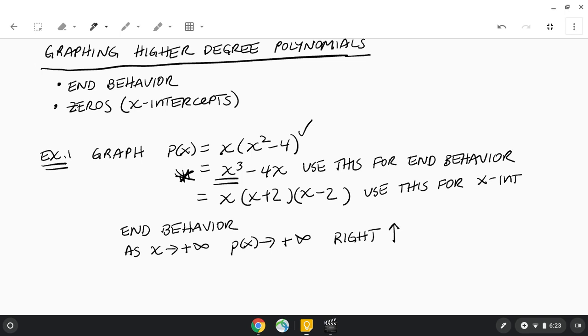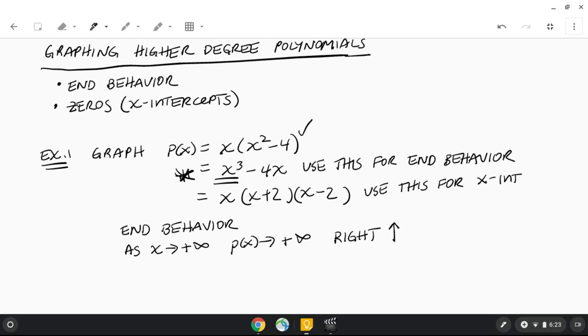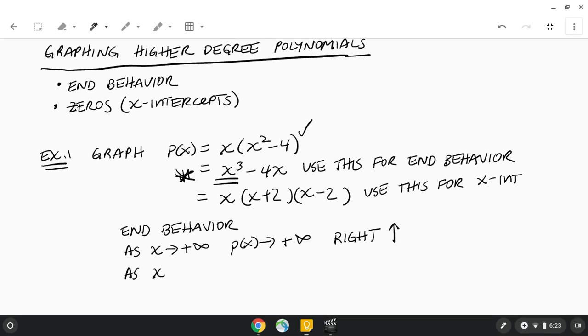Okay. Let's do the left-hand behavior. So as x goes towards negative infinity, so if I plug in a negative number, negative 1 million, into that leading term x cubed, I end up with a negative or a positive.